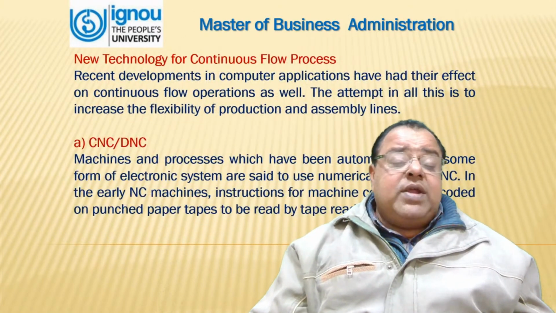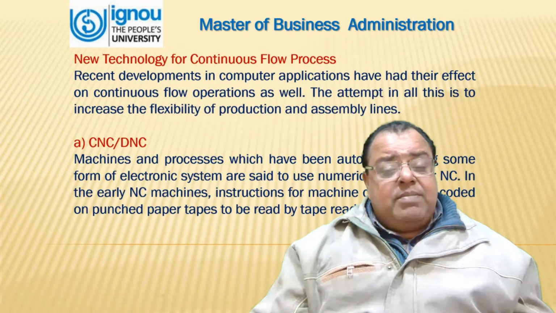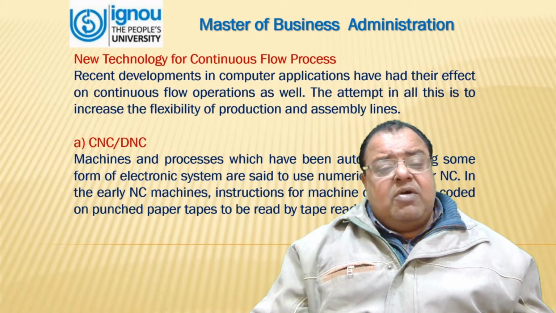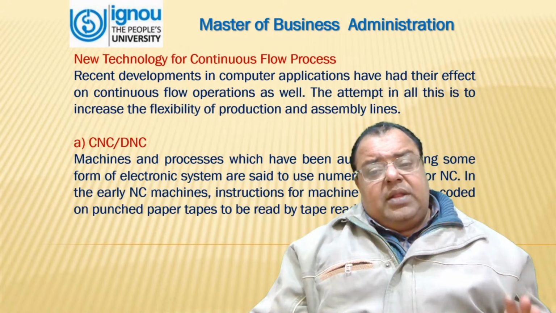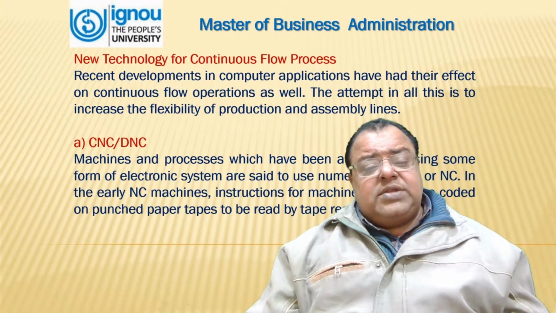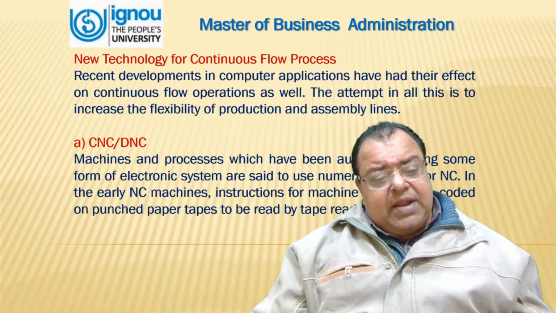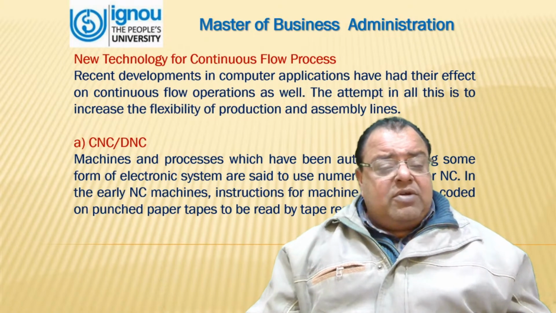Then, what is the new technology for continuous flow process? Recent developments in computer applications have had their effect on continuous flow operations as well. The attempt in all this is to increase the flexibility of the production and assembly lines. The first thing is CNC or DNC.